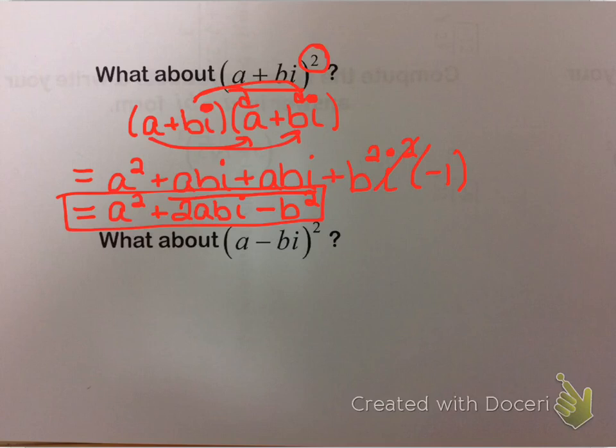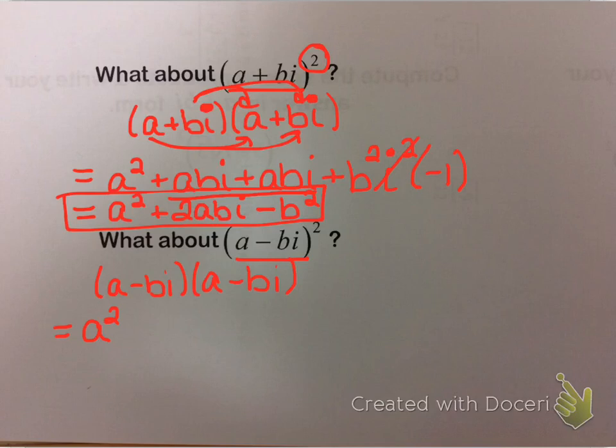If we took that very same process and applied it to a minus bi, that means we're doing a minus bi times itself. So we're going to square a minus bi and FOIL it out. Our first terms still give us a squared.